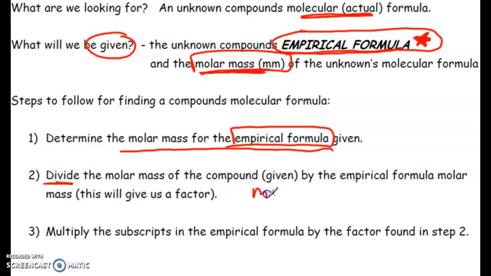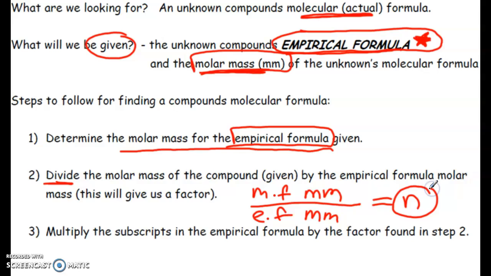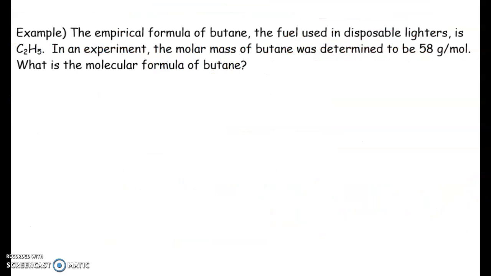So basically, it's the molecular formula molar mass divided by the empirical formula molar mass. That's going to give us our N factor. Once we know our N factor, we're then going to multiply the subscripts to actually get the real formula. So we'll look at an example, and then I'm going to have you try one out.